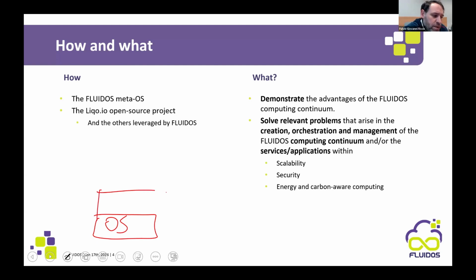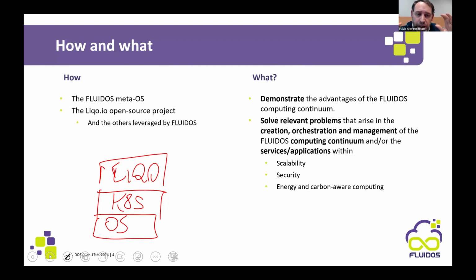On top of the operating system, we assume you have Kubernetes in one of the flavors available. It can be vanilla Kubernetes, MicroK8s, Rancher K3s. We don't care, we have Kubernetes. On top of that, we have Liqo, which is our component that provides the basic primitives to create the computing continuum.